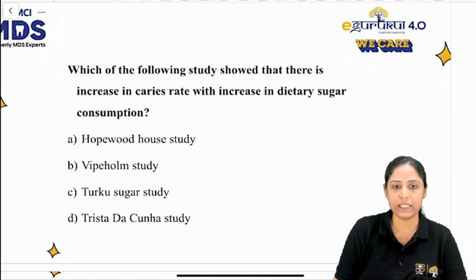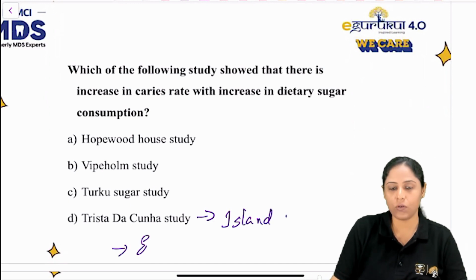If you see the Tristan da Cunha study, this study was done in the island of Tristan da Cunha, on the enclosed communities who happened to migrate to the west and then came back and settled. So there was a difference in the caries experienced due to the change in the dietary patterns.